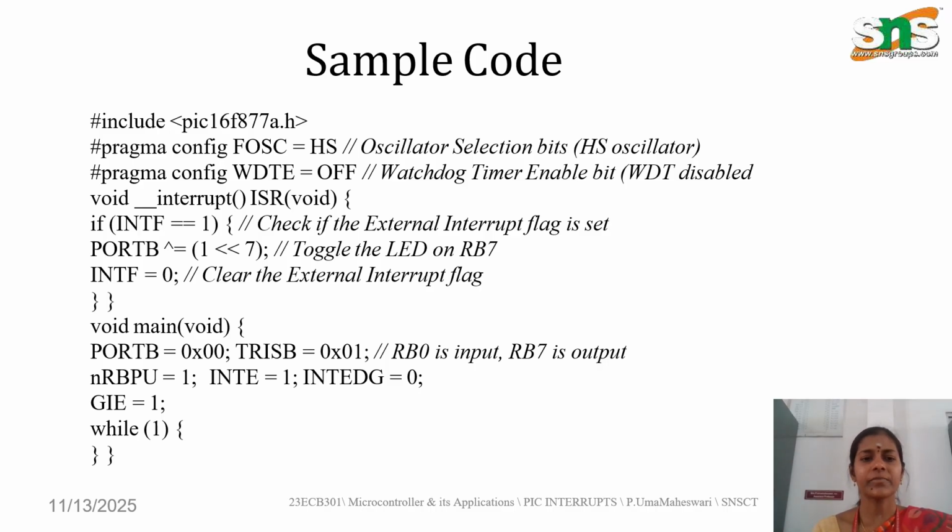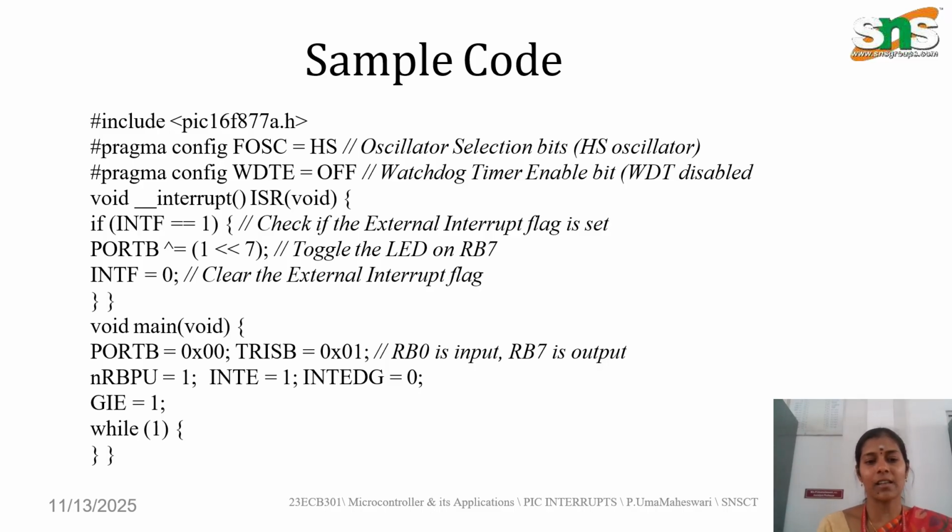The pragma is for the watchdog timer, and void interrupt is the function for the interrupt service routine. If INTF is equal to 1, we toggle the LED, and the next line clears the external interrupt flag. In the void main, the main program, PORTB is equal to 0x00. We have taken port B as our communication part, like the outside world. When we want to communicate, we use port B.